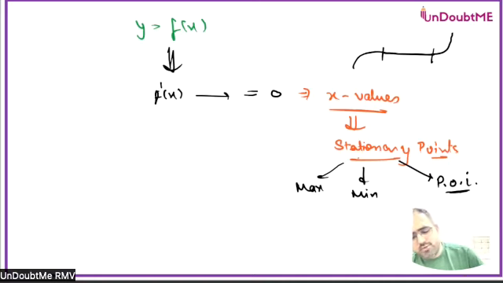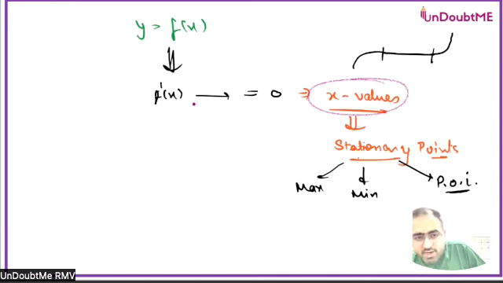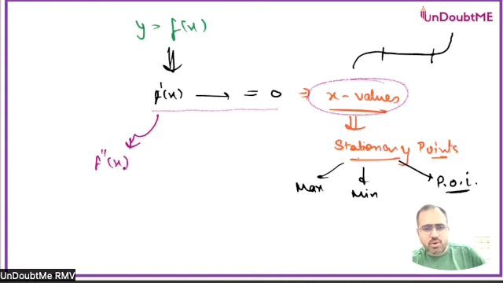So as of now, we have x values obtained from putting f dash x equal to 0. Now, where do we use these x values? For that, we will differentiate the function one more time, so f double dash x is there now. In f double dash x, you're going to put these x values.